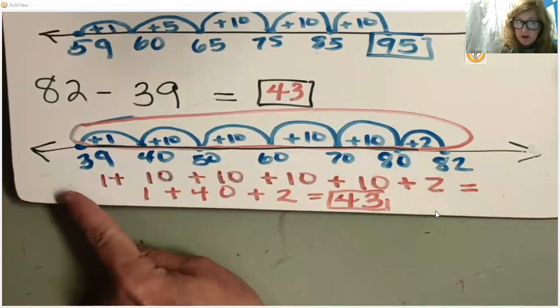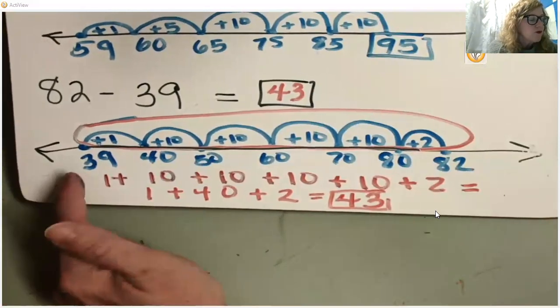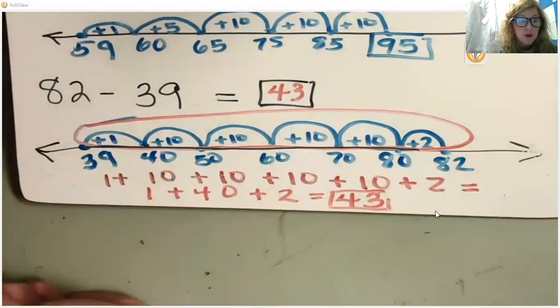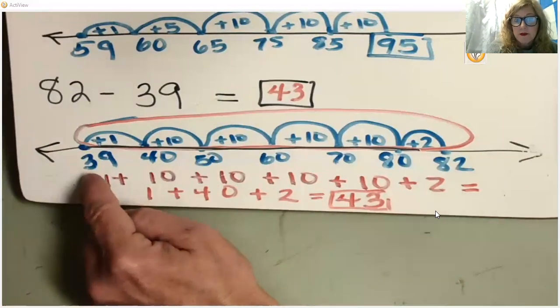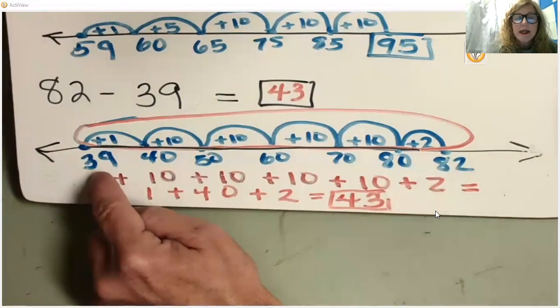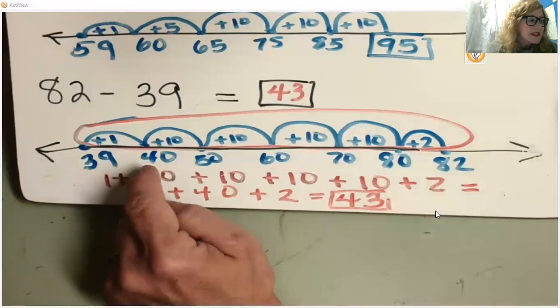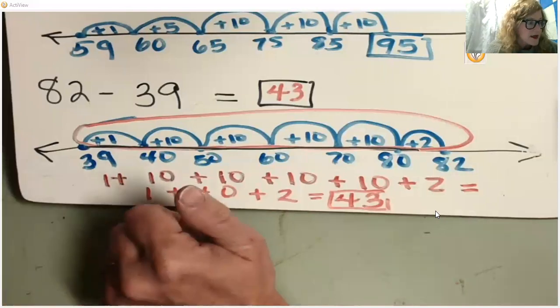You may have counted back, but I'm going to count up here because we're looking for the missing part between 39 and 82. So I'm going to start with the part that we have, which is 39.